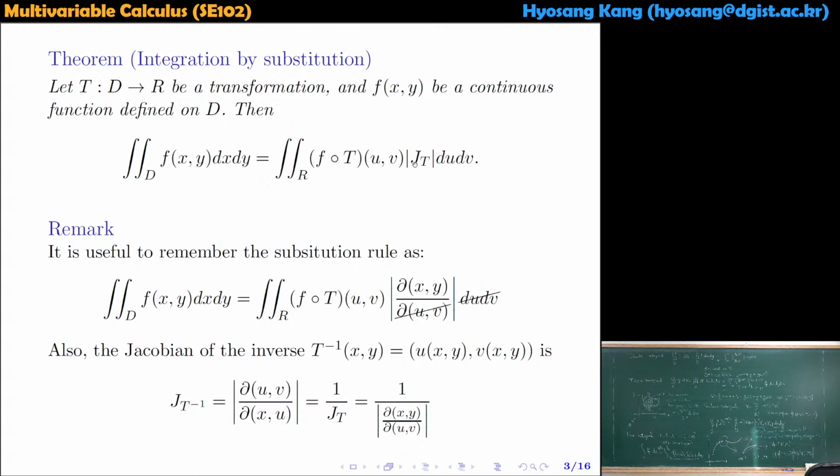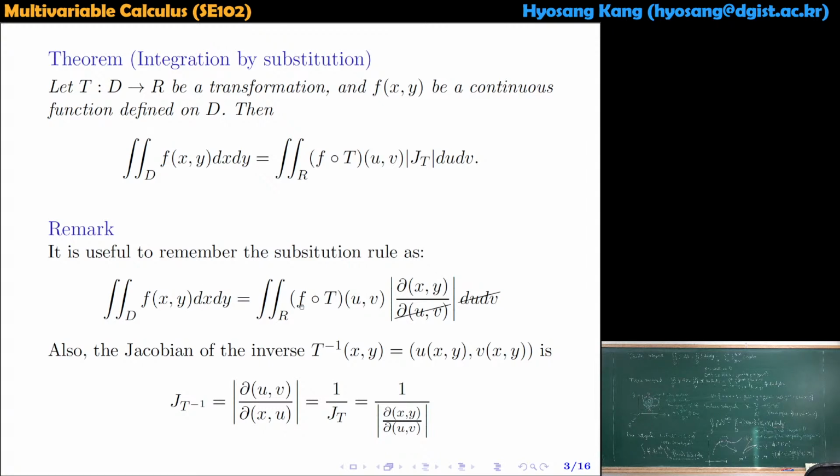So I said that my Jacobian can be written as this kind of ratio expression. When I write my Jacobian as del xy in the numerator and del uv in the denominator, think about it as if it's the du dv in the denominator. So I can cancel it out with the du dv at the end of this integration symbol. So then what I get is dx dy.